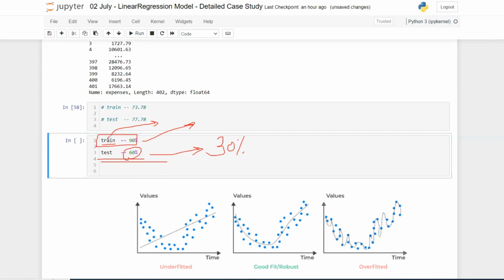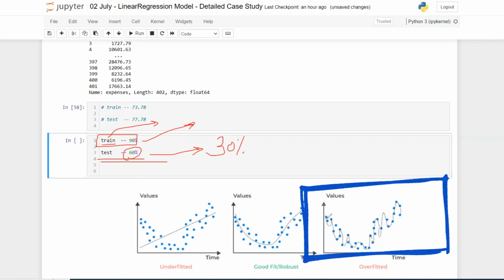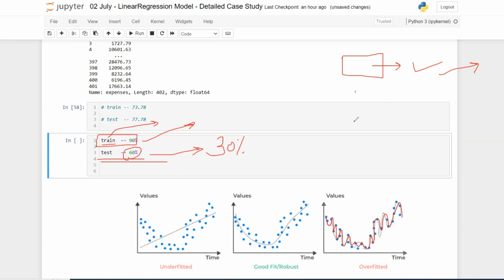Think of it like this: the training data you are feeding to the model, it is learning everything from that data by fitting well onto that data. It is like you are remembering the answer for every mathematical question. Let's say there is a mathematical question, you completely remember the solution and you go to the exam, but in the exam they slightly changed a few values and now you don't know what to do, because you just learned that if this question is asked with these values, you will write this answer.